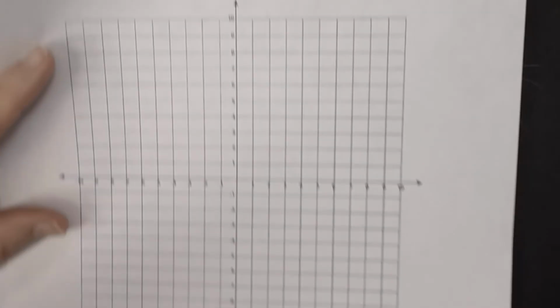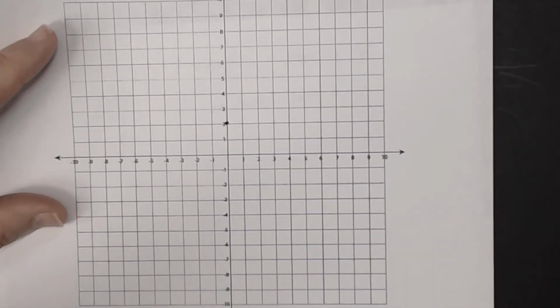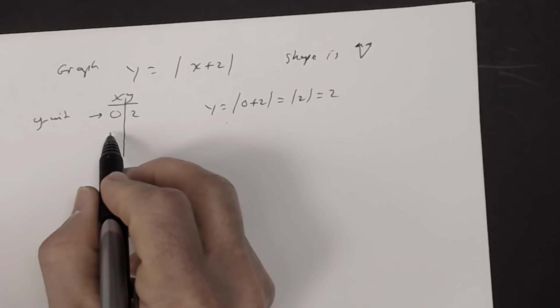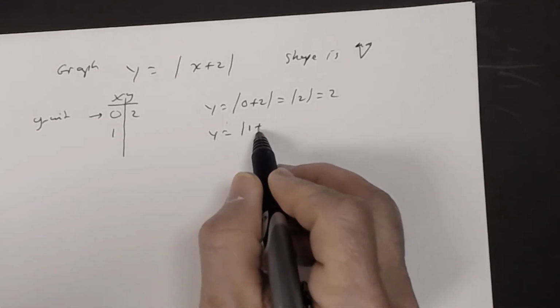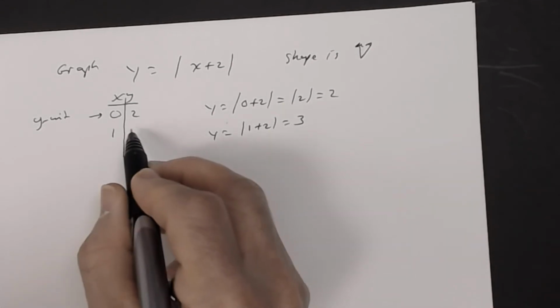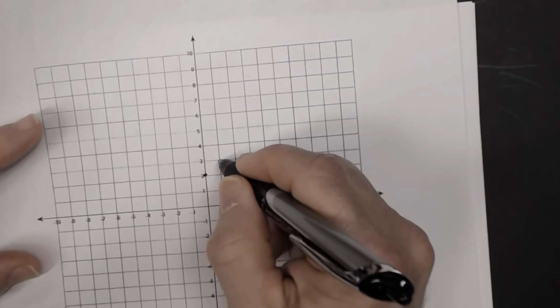All right, so the point 0, 2 is here. If x is, let's say, 1, I get y equal the absolute value of 1 plus 2, which is 3. So I'm going to plot the point 1, 3. So 1, 3 looks like it's right here.